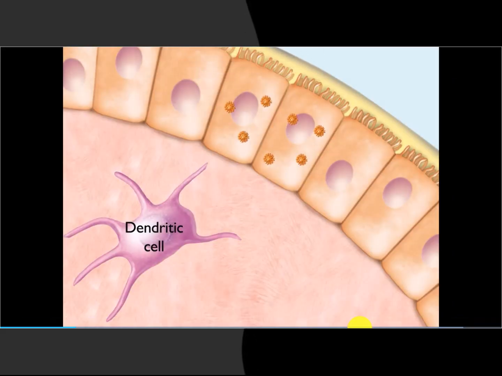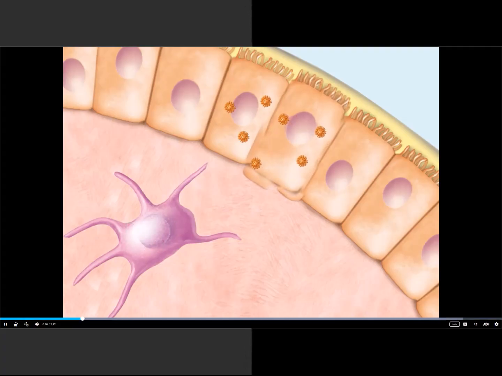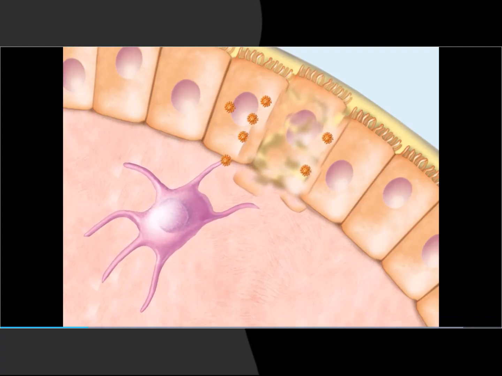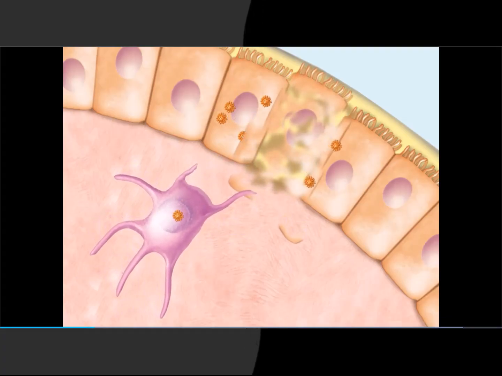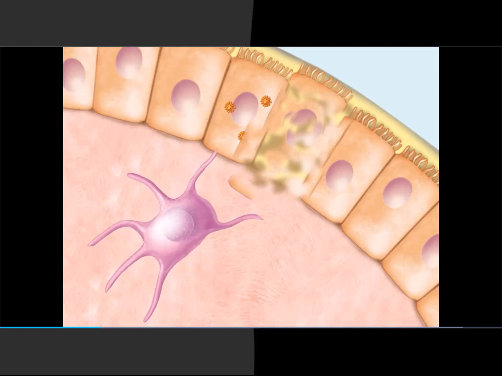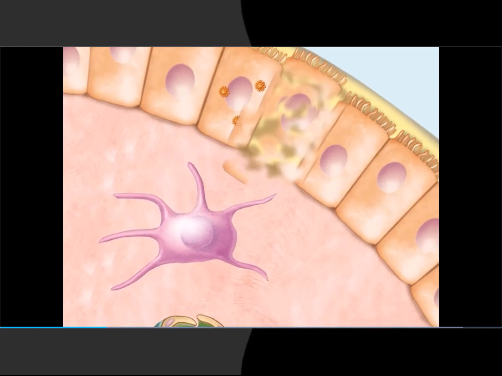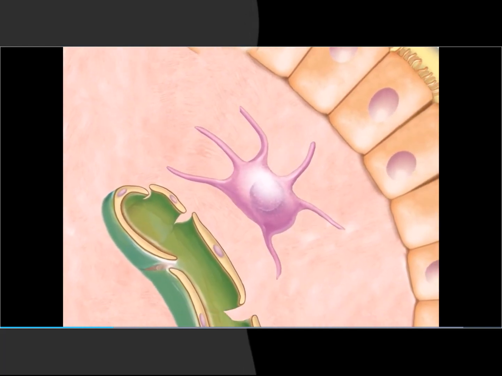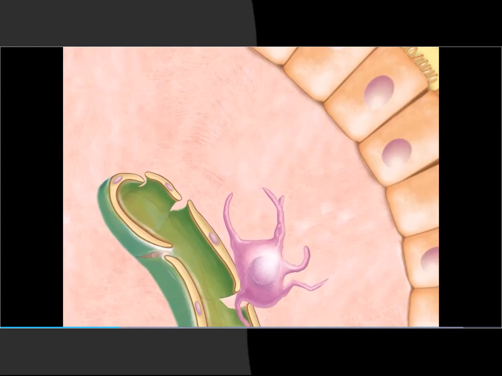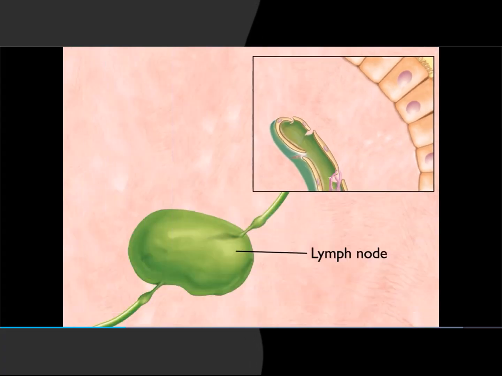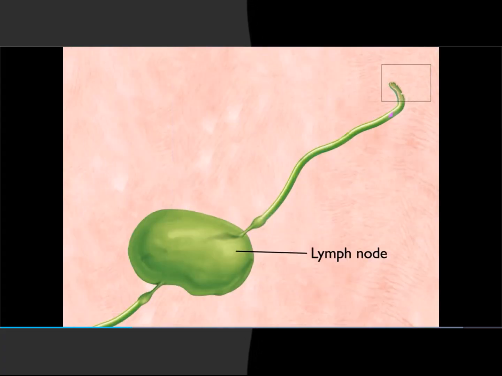Local or resident dendritic cells ingest pathogens, cellular debris, and even intact infected cells by phagocytosis. These dendritic cells, along with viral particles, then travel through the lymph to lymphatic organs and tissues, such as the lymph nodes.